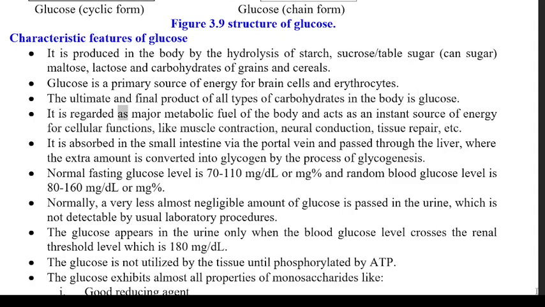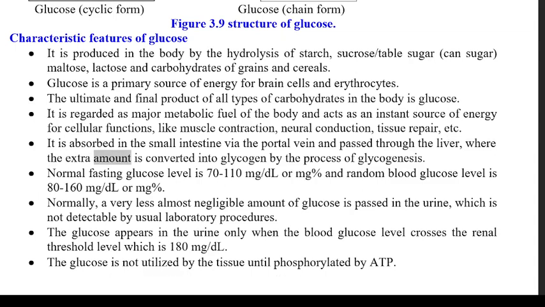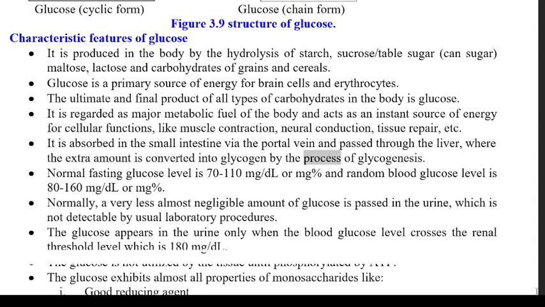It is regarded as the major metabolic fuel of the body and acts as an instant source of energy for cellular functions, like muscle contraction, neural conduction, tissue repair, etc. It is absorbed in the small intestine via the portal vein and passed through the liver, where the extra amount is converted into glycogen by the process of glycogenesis.